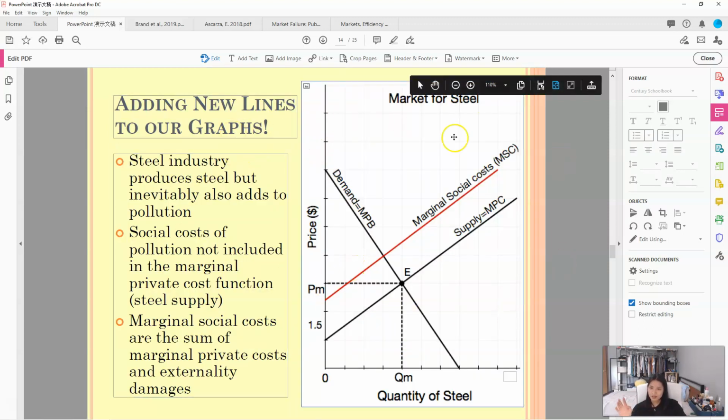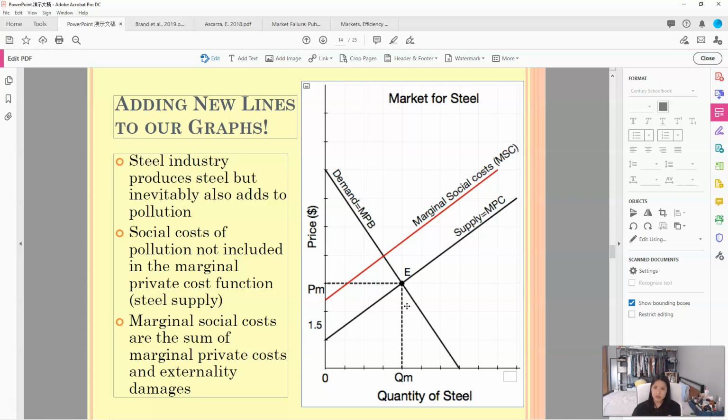And think about this example, which would be an example of a negative externality. There is a firm producing steel. From the industry's perspective, it only cares about profits, right? Even though when the industry produces steel, at the same time it produces some pollution.